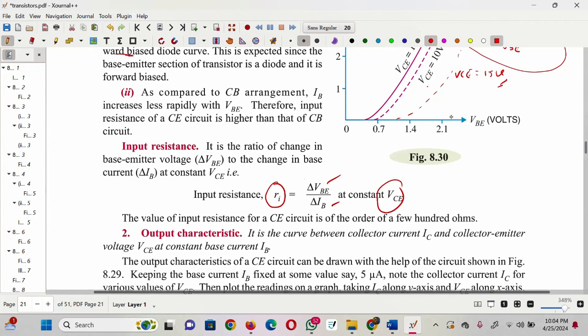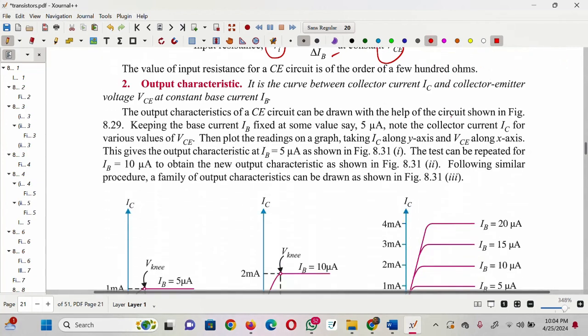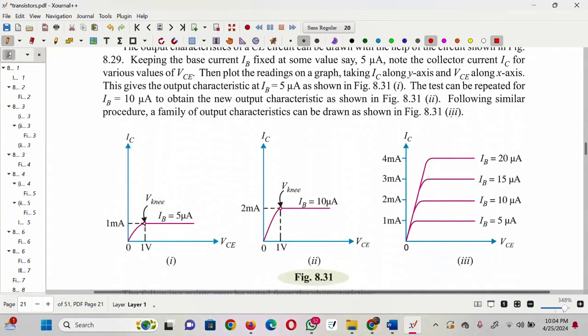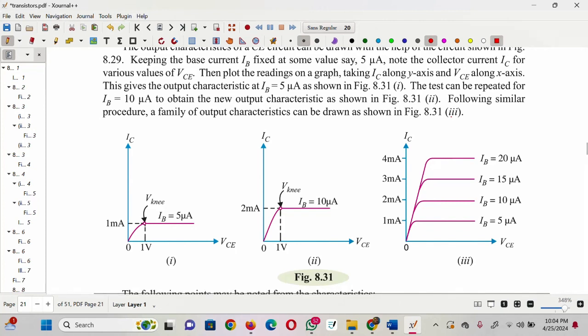In the same way, for the output characteristics we take the curve of IC against VCE, where IB is constant. This is the output characteristics, VCE and IC. If you increase the value up to a particular place, that area is called the knee voltage.